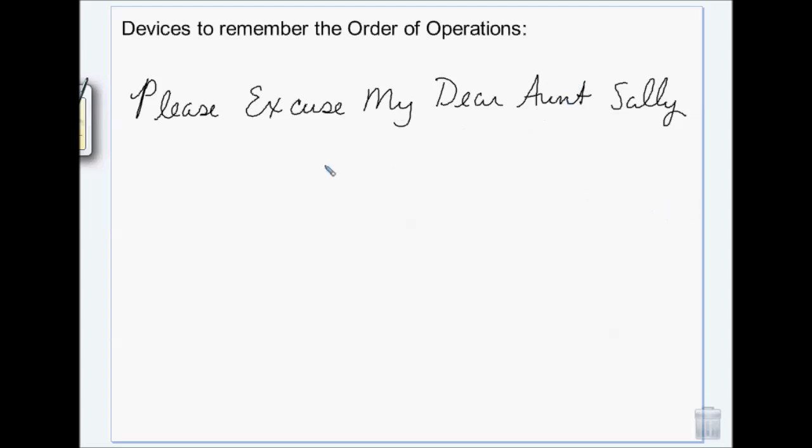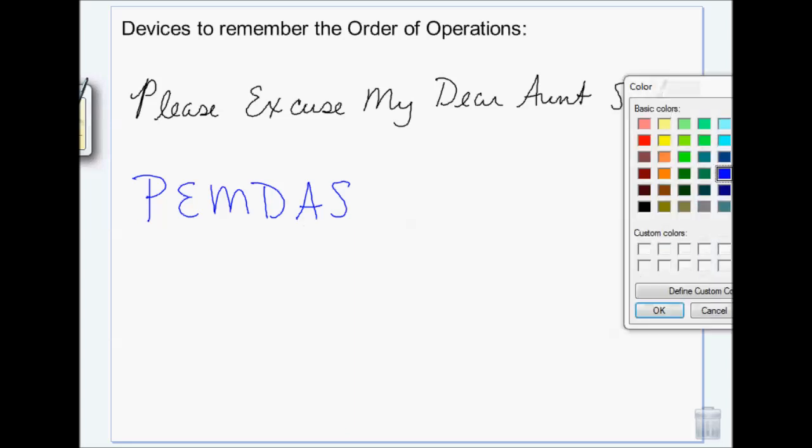Okay, new school. PEMDAS. They made up a word, PEMDAS. Parentheses, exponents, multiplication, division, addition, subtraction. You do either one. When I was teaching middle school, I had my students make up one, and I'm going to have to change the color for this.